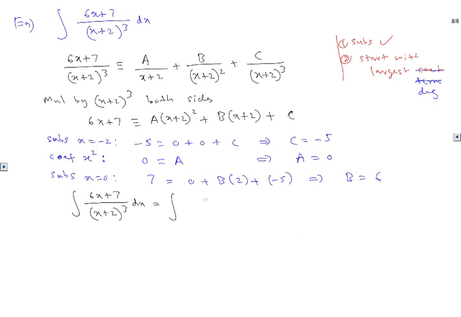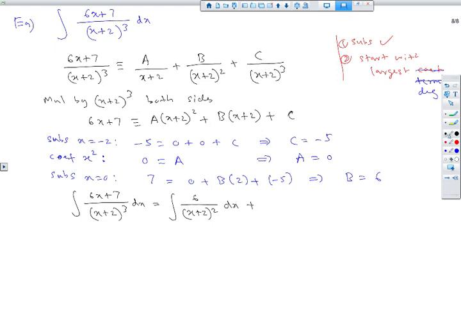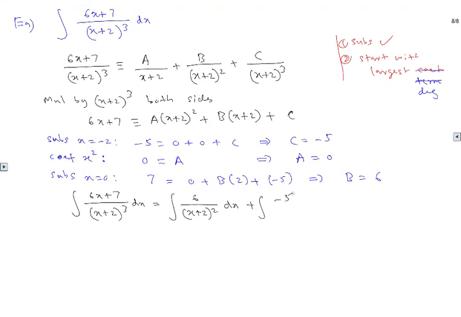So a is gone, so we have two terms: 6 over x plus 2 squared dx, minus 5 over x plus 2 cubed dx. This becomes 6 times x plus 2 to the negative 2 dx, and then negative 5 times x plus 2 to the negative 3 dx, and then we can just use the power rule.